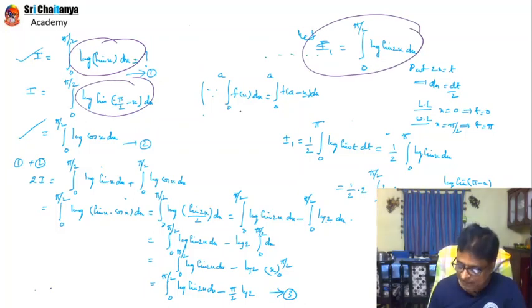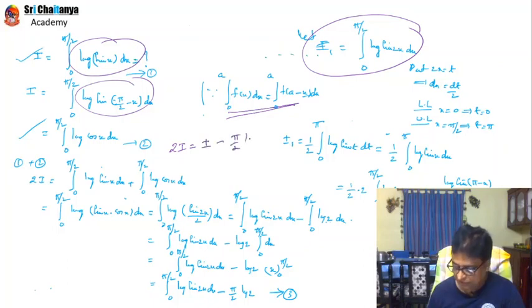But here we applied this beautiful property, and again one of our beautiful properties. So if I substitute this in my 2I, therefore 2I is equal to I minus pi by 2 log 2. So you bring this I here. So 2I minus I becomes I. So I is equal to minus pi by 2 log 2.